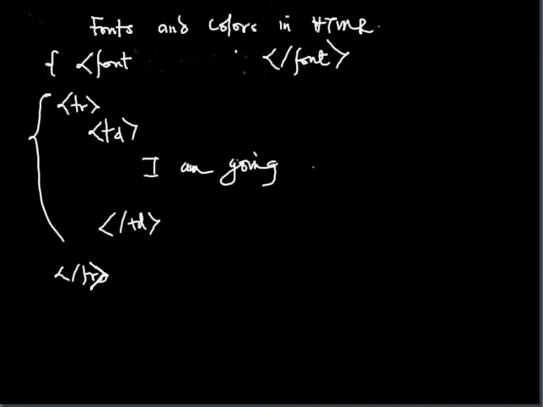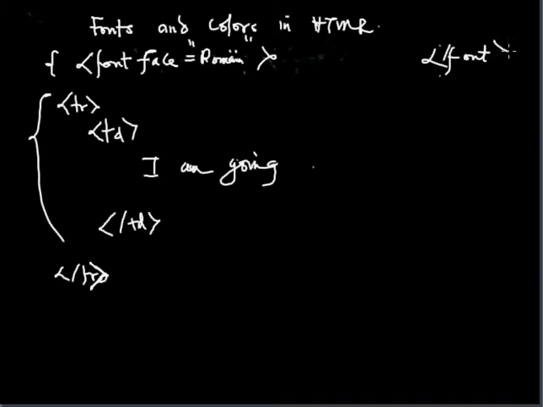By putting in the attributes, let's say the face attribute, which is Roman times, then close the font and say I am going.